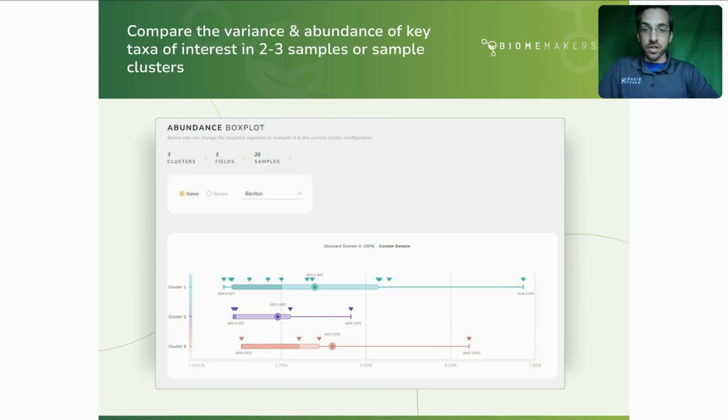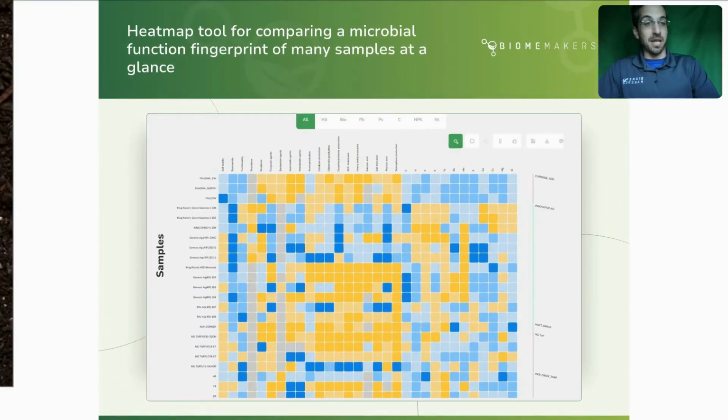There is another tool for comparing the relative abundance of particular microorganisms in the sample, which is useful in specific circumstances where the customer, the tester, is interested in particular microorganisms, be they beneficial or pathogenic. There is the heat map tool, which, suppose you want to compare samples, but you don't want to average them, throw them in a cluster.